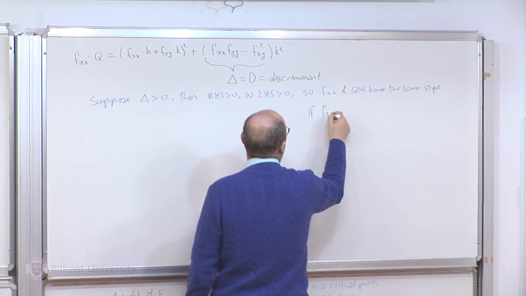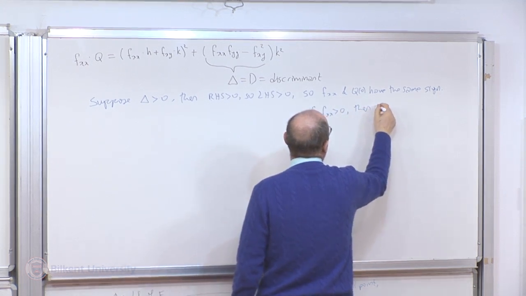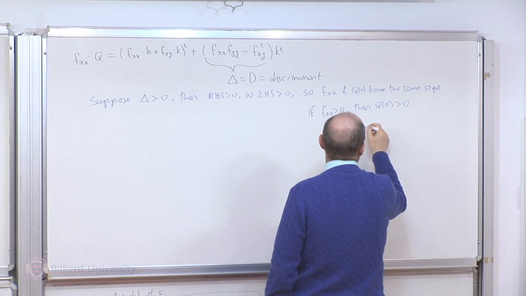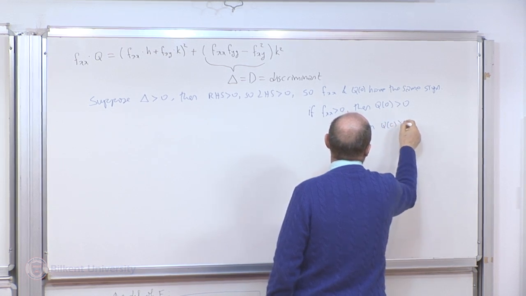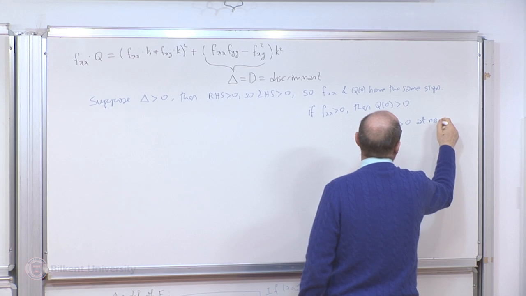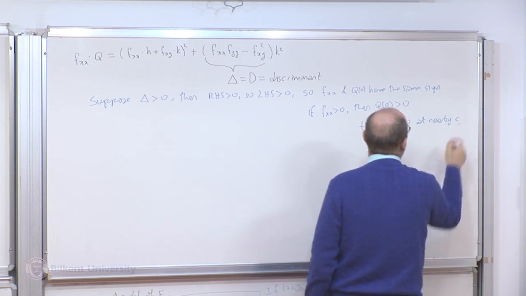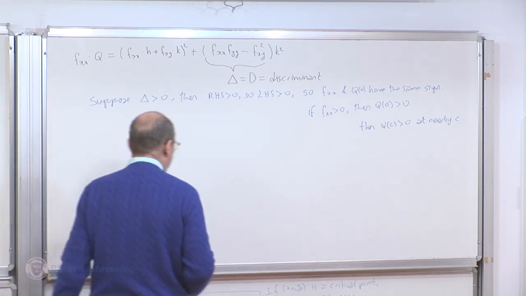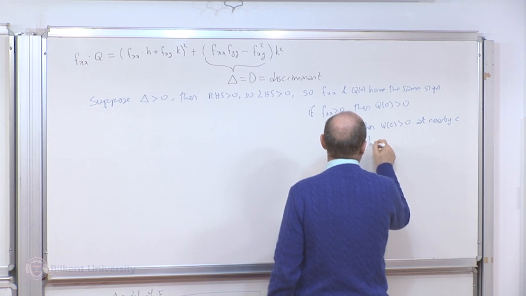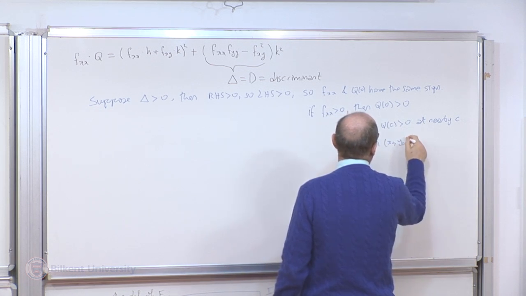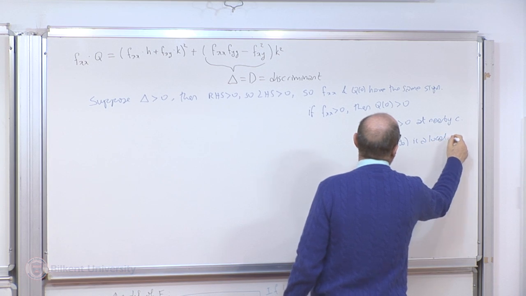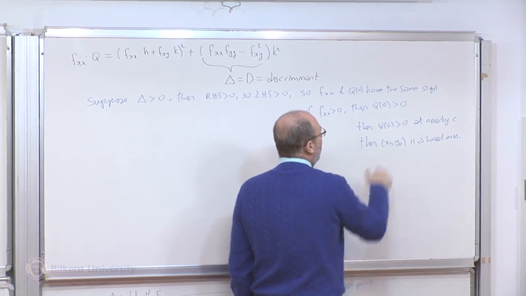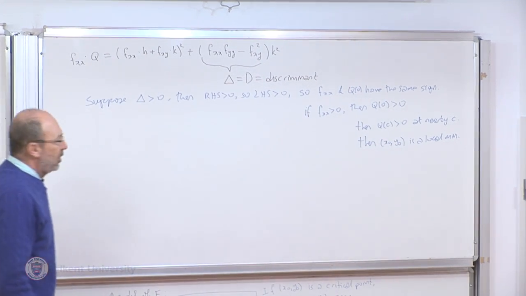If f_xx is positive, then Q of 0 is positive. But Q of 0 positive means that Q of c is positive at nearby points, at nearby c. It means that x sub 0, y sub 0 is a local minimum, because the value of the function at nearby points is always larger. That's why I'm getting positive here. So this is one case.